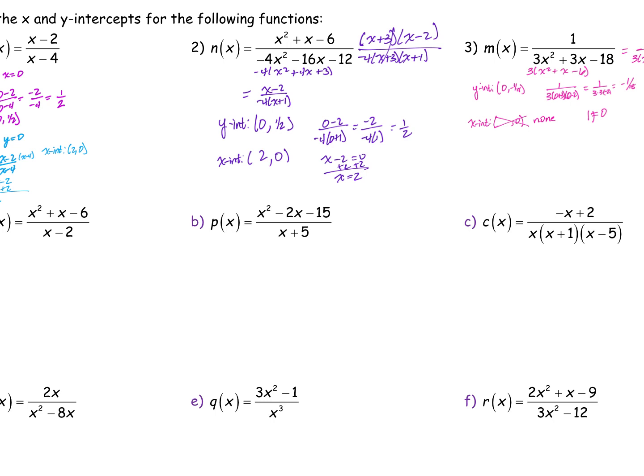Dang it. All right, what is it? -1 plus or minus the square root of 1 squared minus 4 times 2 times -9, all divided by 2 times 2. 1, 4 times 9, 36.